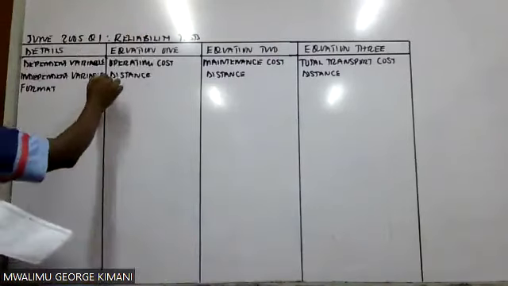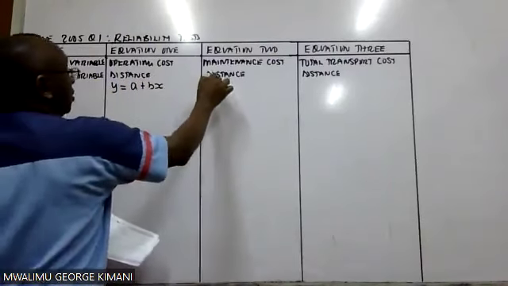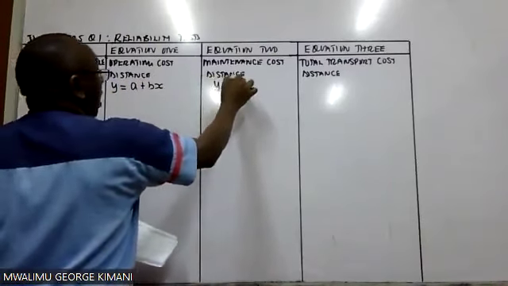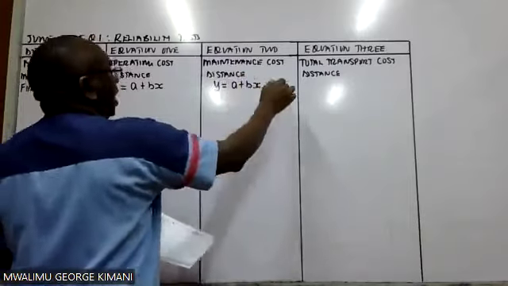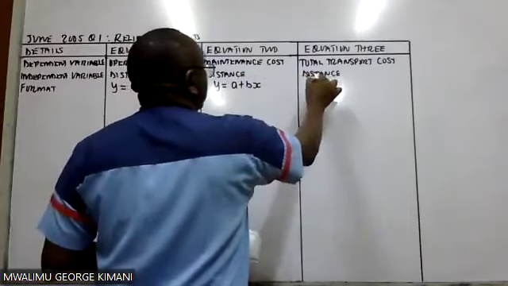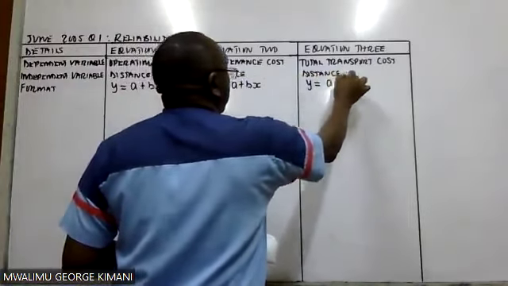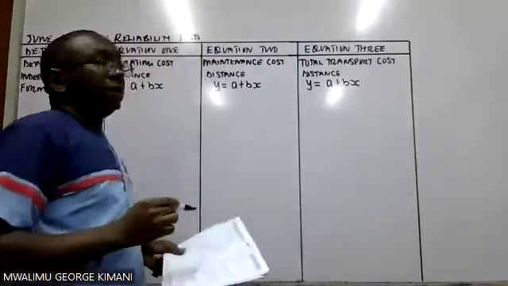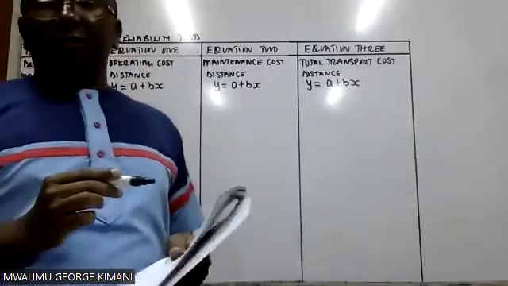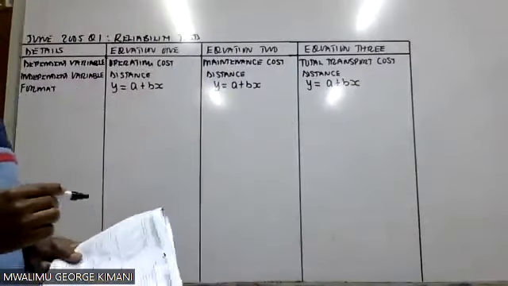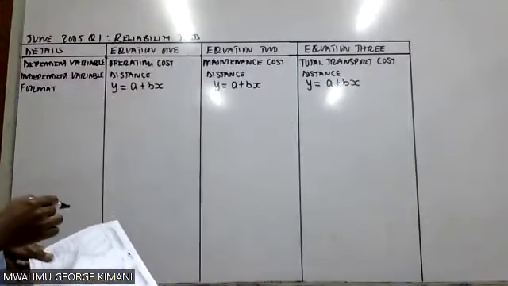So this will be y equals a plus bx. This one will also be y equals a plus bx, and this one is y equals a plus bx. That is the format of the equation.